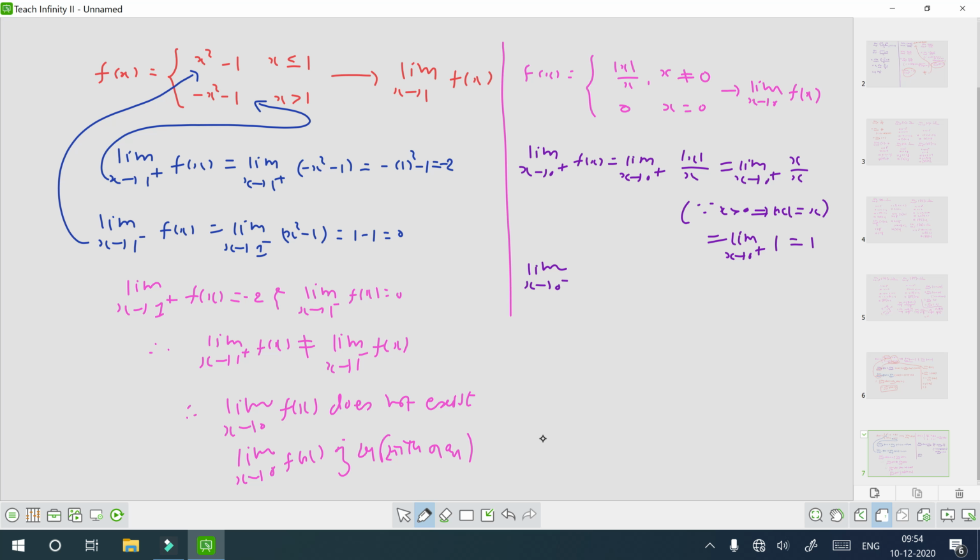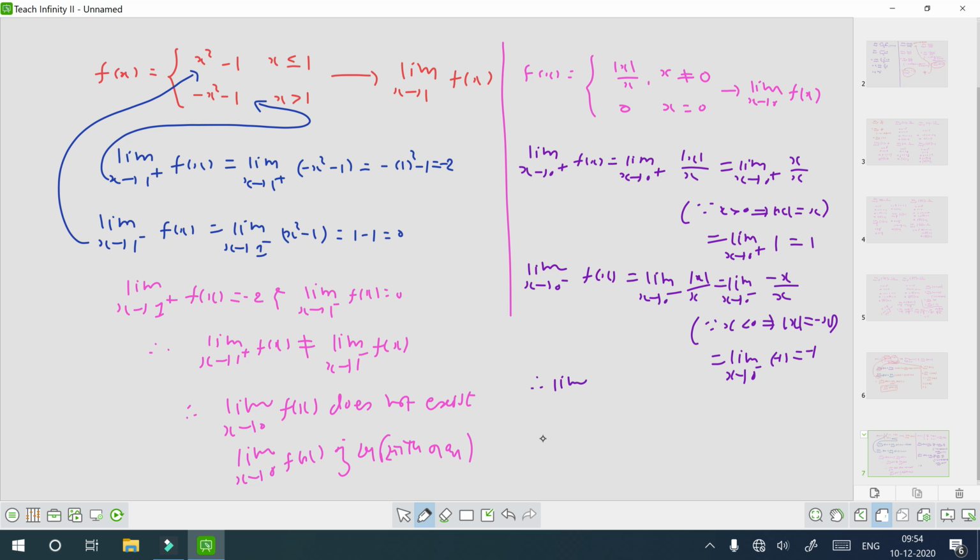Now let us say the left hand limit, and that is equal to limit x tends to 0 minus mod x over x. And that is equal to limit x tends to 0 minus x over x. Why? Because x less than 0 implies mod x is equal to minus x. So that is equal to limit x tends to 0 minus 1, that is equal to minus 1.